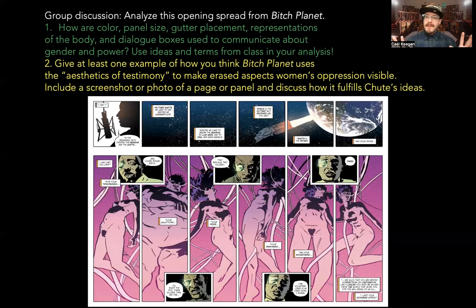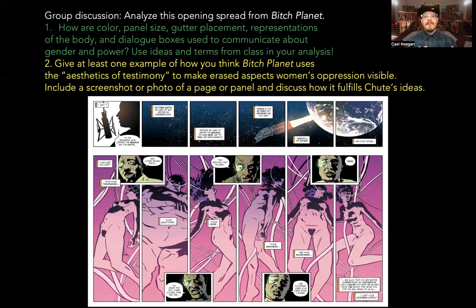Once you've done that, I'd like you to think more about the entire book. Where in this book do you see examples of what you think Shute is talking about, moving the gutters, right? About aesthetics of testimony that makes erased experiences visible in a new way, right? Things that would normally not be included in a story that are now being introduced.